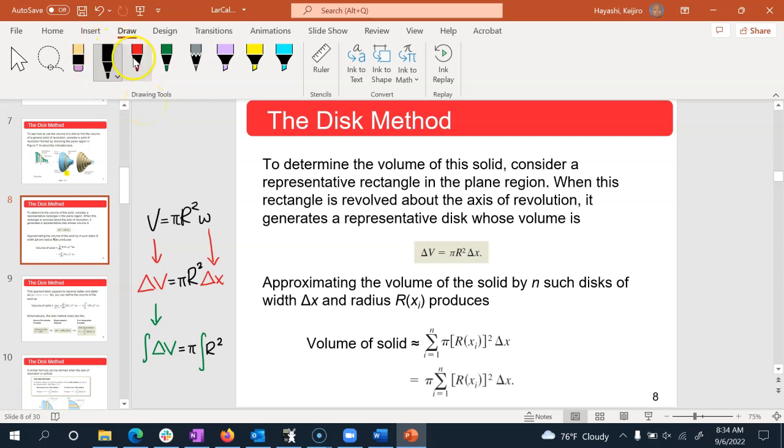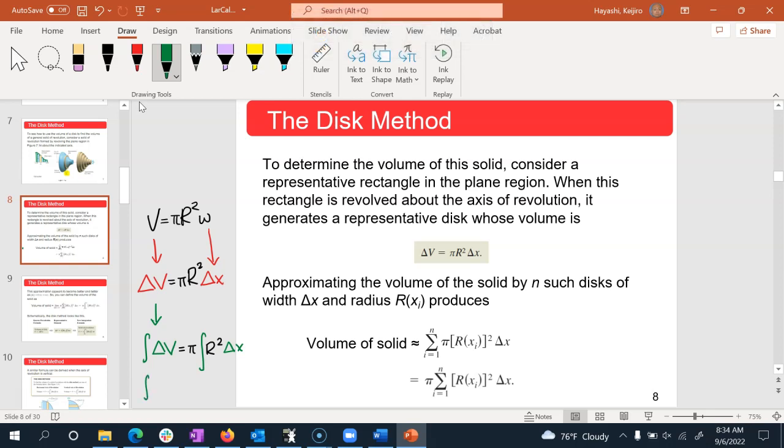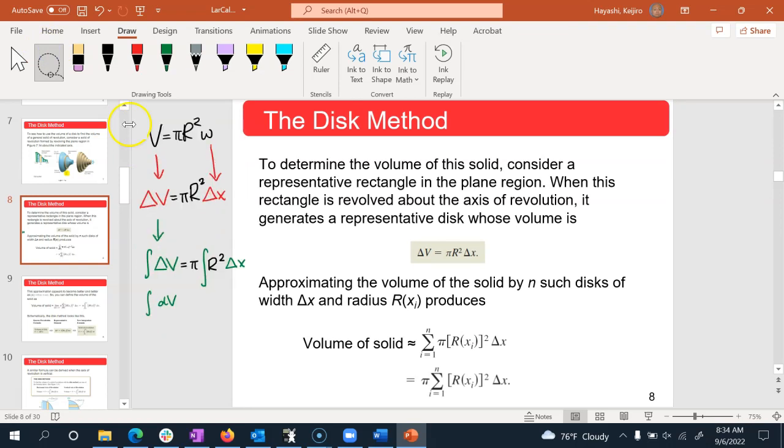r squared is the same. As you take this to infinitely many rectangles, the delta V changes to a dV.